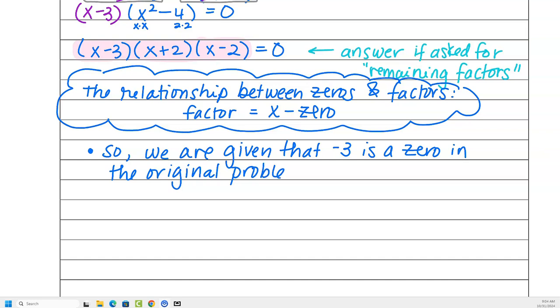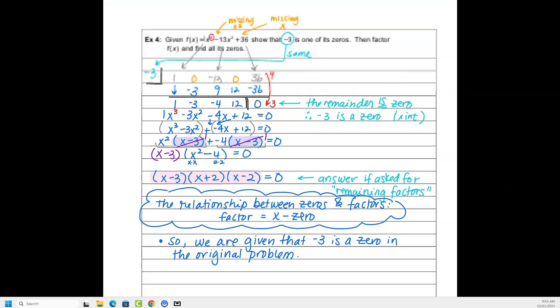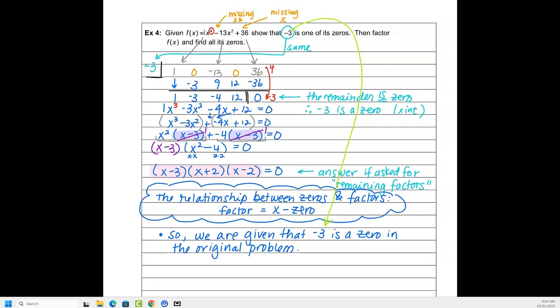So that's a truth, right? So that's way up here. If we just take a look, negative 3 is a 0, right? They give us that in the original problem, so you see that there.